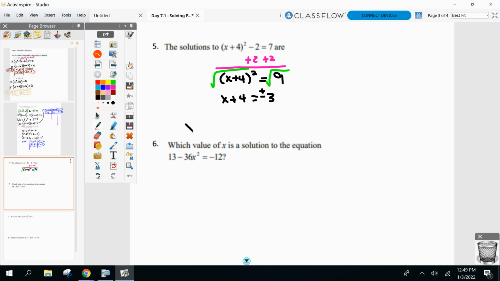So one of my answers is going to be -4 plus 3, and my second answer will be -4 minus 3. Everyone see where we're coming up with that? Again, I subtract 4 on both sides. That's how it becomes -4.